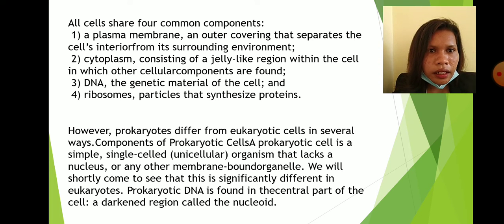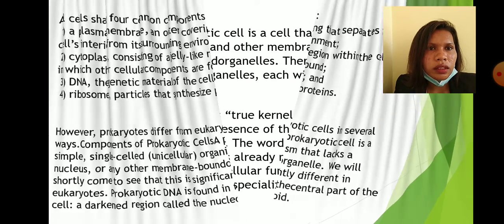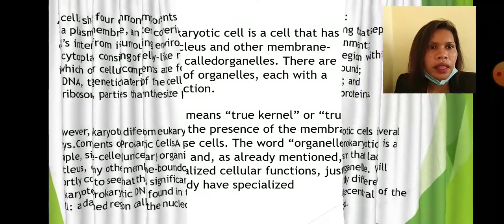Okay, sa naman, a lack of nucleus, an organism that lacks a membrane-bound nucleus, we shortly see a significant difference in eukaryotes. Prokaryotic DNA is found in the central part of the cell, a darkened region called the nucleoid. Yan daw yung prokaryotic.